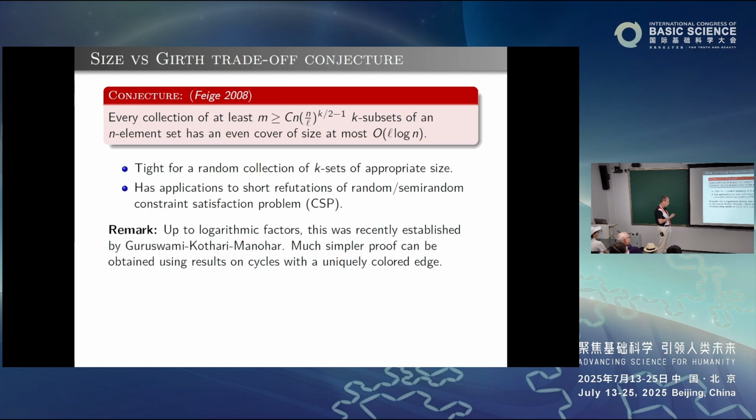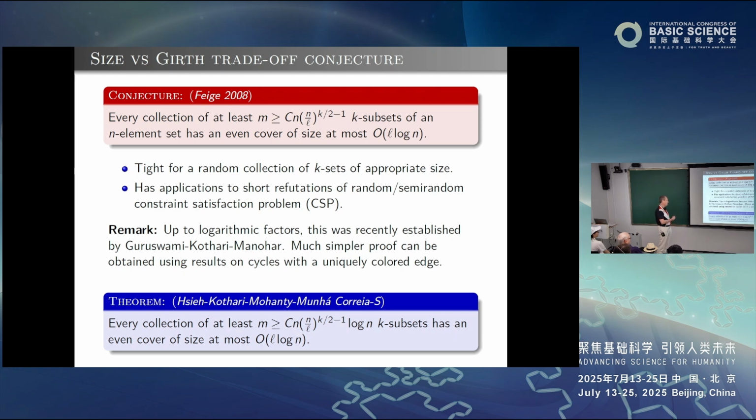What I want to show you is how this simple result about finding a cycle in an edge-colored graph with a unique color can give you a very short solution for this problem. I think the shortest is when k is even. When k is odd, you need to work more, but with k even, it gives you a very short solution. But again, let's remind ourselves what we're proving.